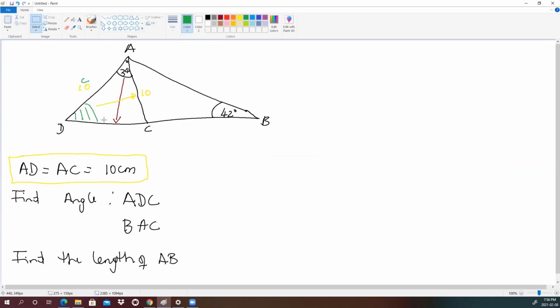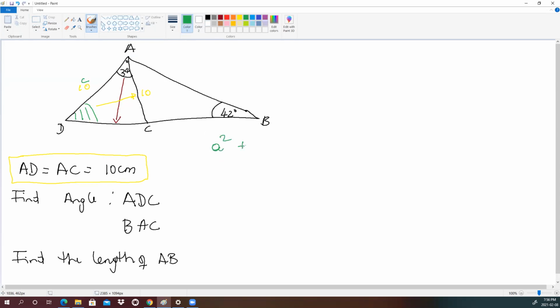I am going through these steps to make sure that you understand how to think about the questions. So let's work DC first and see what you get. So let's use the cosine rule.